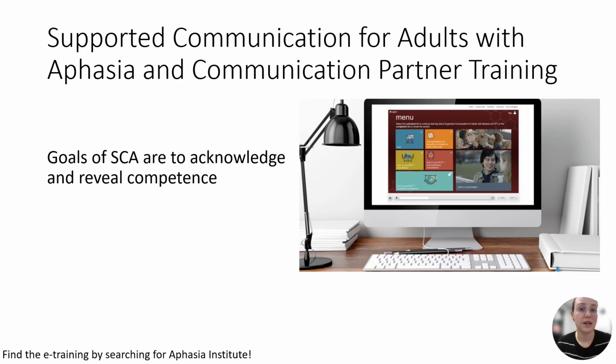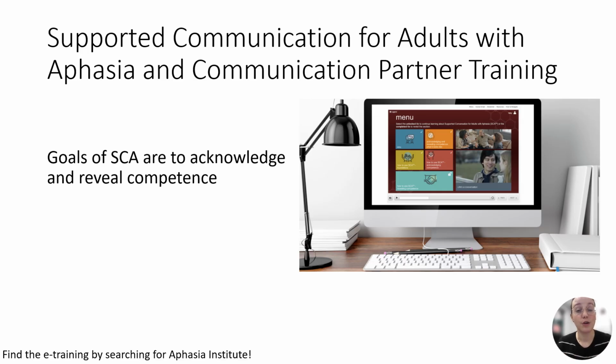Do you understand what I'm saying? You can also reveal competence by saying, let me repeat to you what I heard you say to make sure that I understand you right. These are just some examples of communicating with a person with aphasia where the communication partner, in this case me, I'm trying to acknowledge and reveal their communication competence.